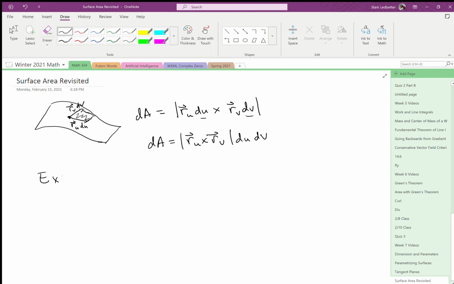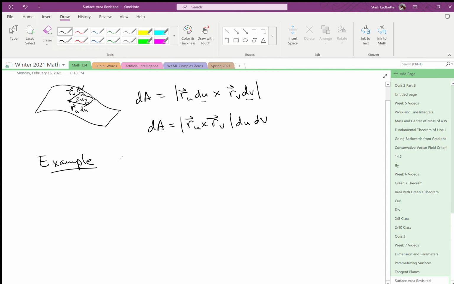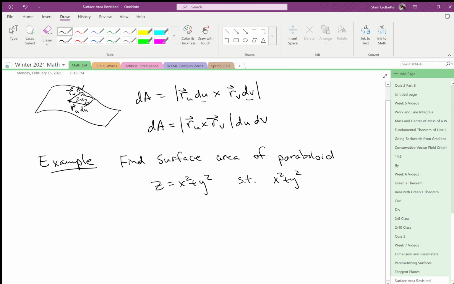Okay, so for example, let's do one that we know so we can compare to what we had before. Find the surface area of the paraboloid z equals x squared plus y squared, such that x squared plus y squared is less than or equal to 1.